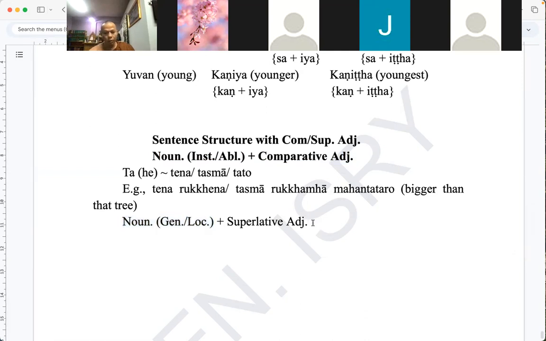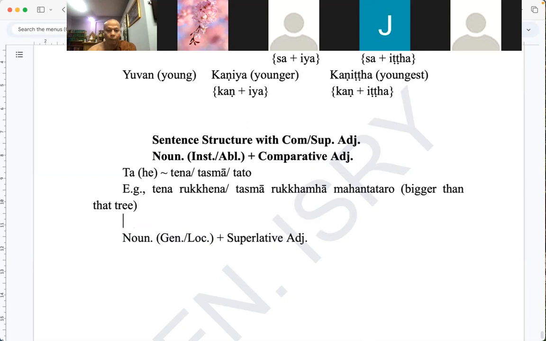So for example, the same, that is genitive case, or the suit, that is locative case.